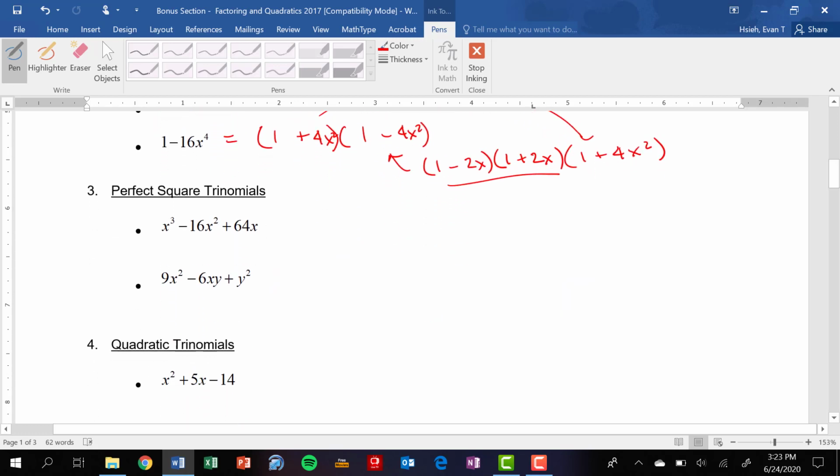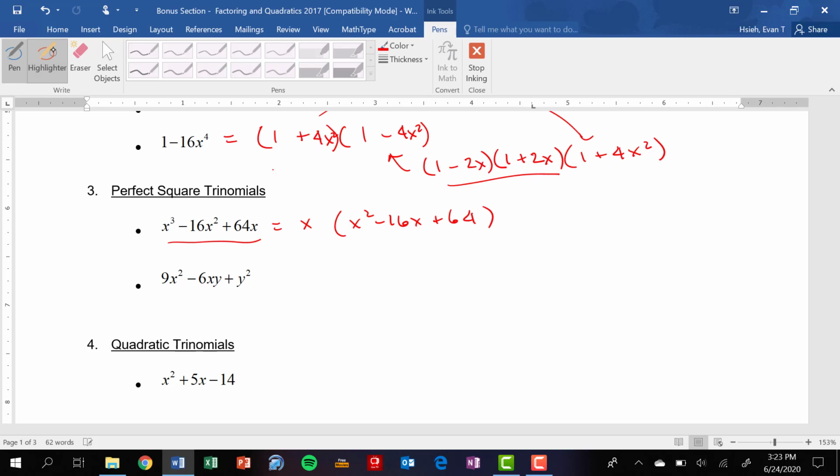A perfect square trinomial is one that when you factor it, you're going to end up with a binomial squared. So let me just show you what that is. So first of all, you can see here that you can pull out an x. So I'm left with x squared minus 16x plus 64. Now let's focus on this portion right here.